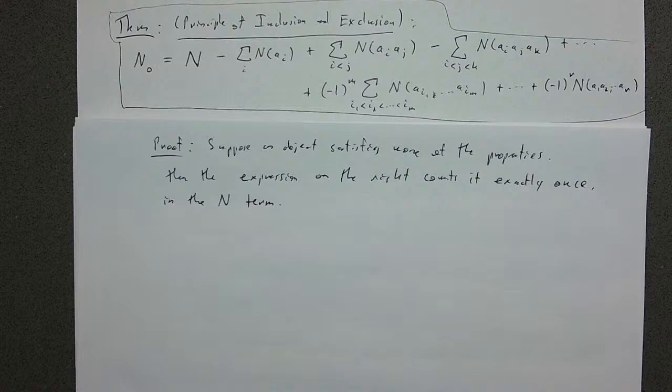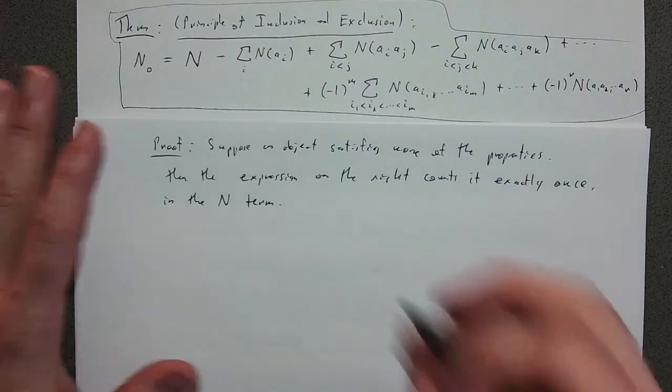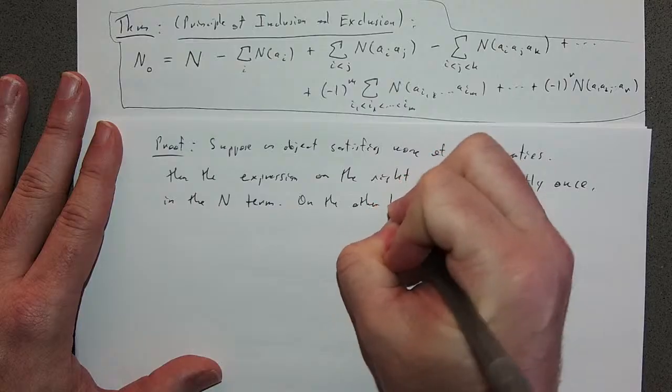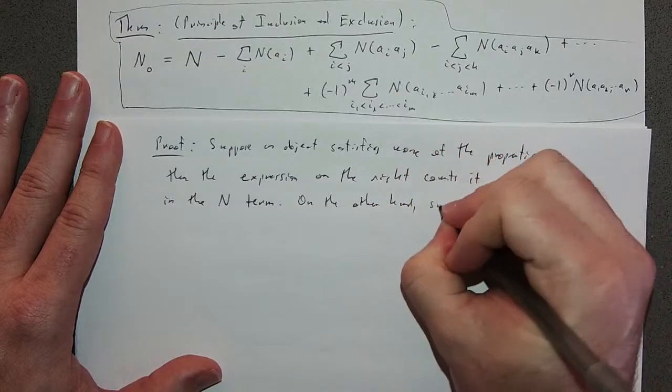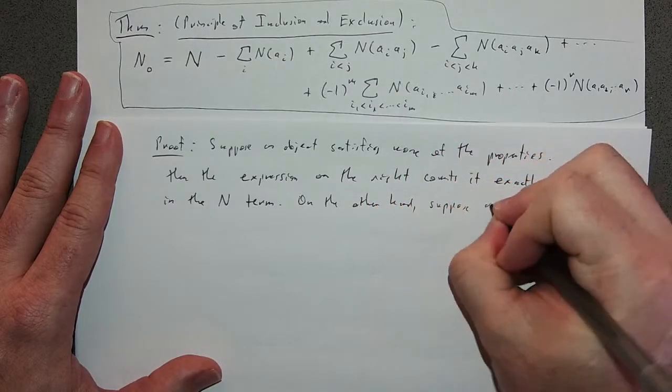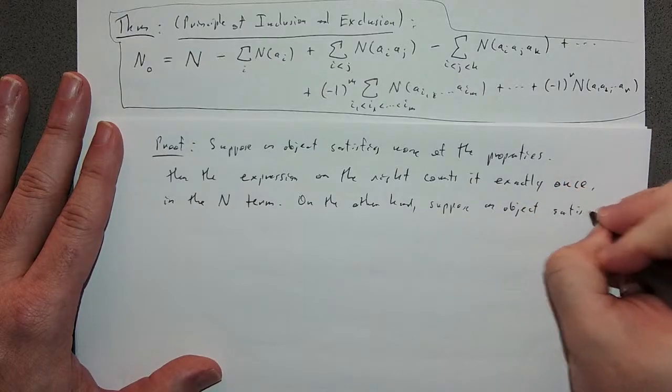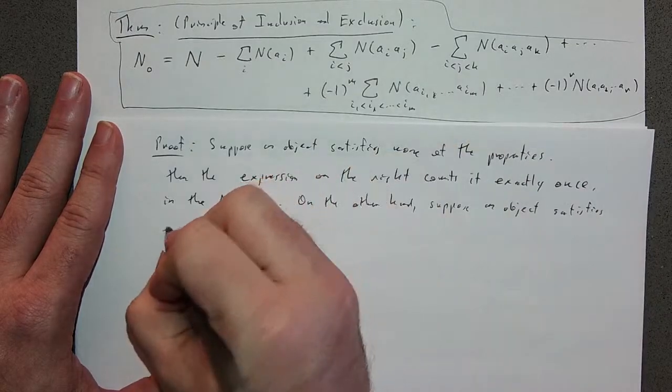Okay. Now, on the other hand, suppose an object satisfies exactly m of the properties.